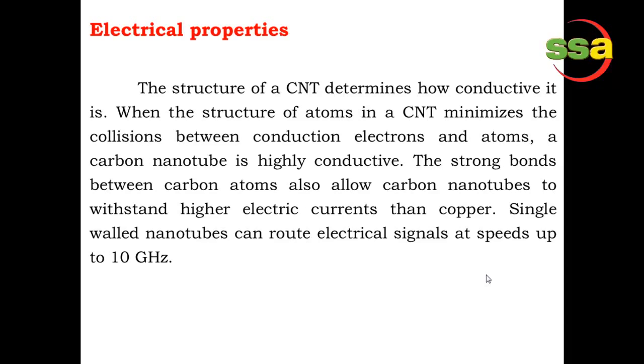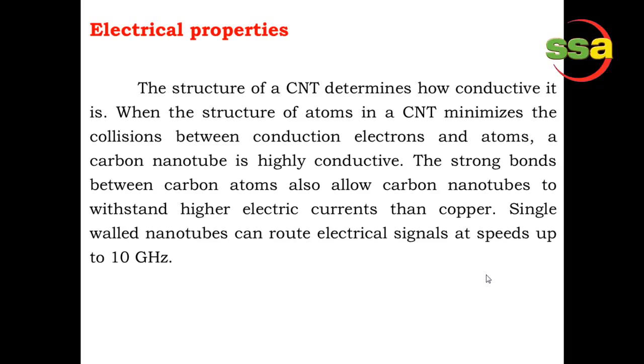The strong bonds between the carbon atoms do not allow the electrons to collide with the atoms, so carbon nanotubes can exhibit higher conductivities, as these carbon nanotubes are behaving like metals.